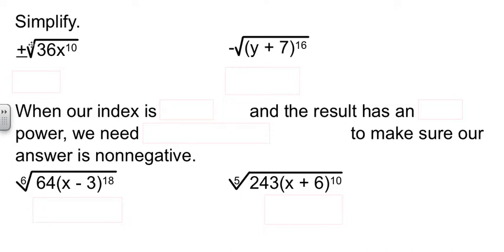Remember we said if there's not a number here, it's understood to be a 2. If it helps you to remember that, you can put a 2 here and it won't be wrong. If we have x to the 10th and we're taking the square root of that, 10 divided by 2 gives me x to the 5th. The square root of 36 was 6, x to the 5th, and it said positive or negative, so I bring a positive or negative down with it.